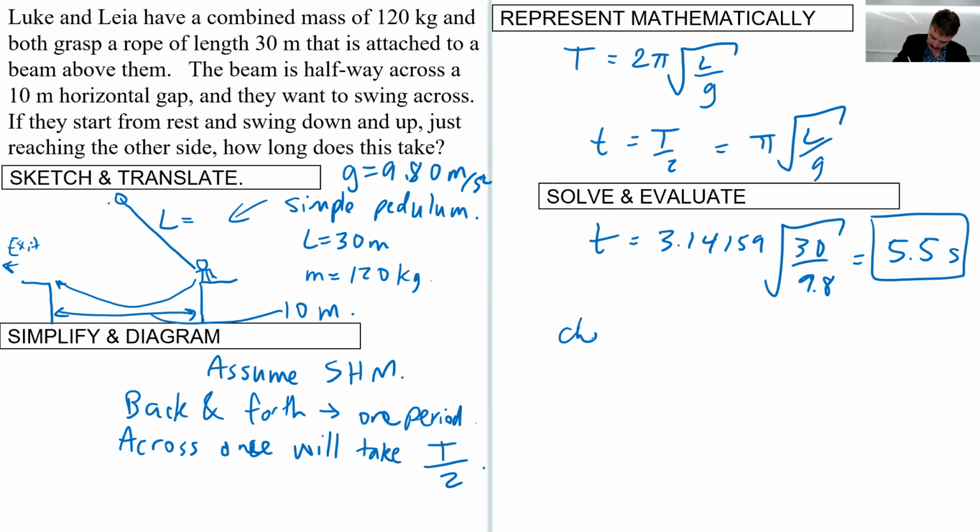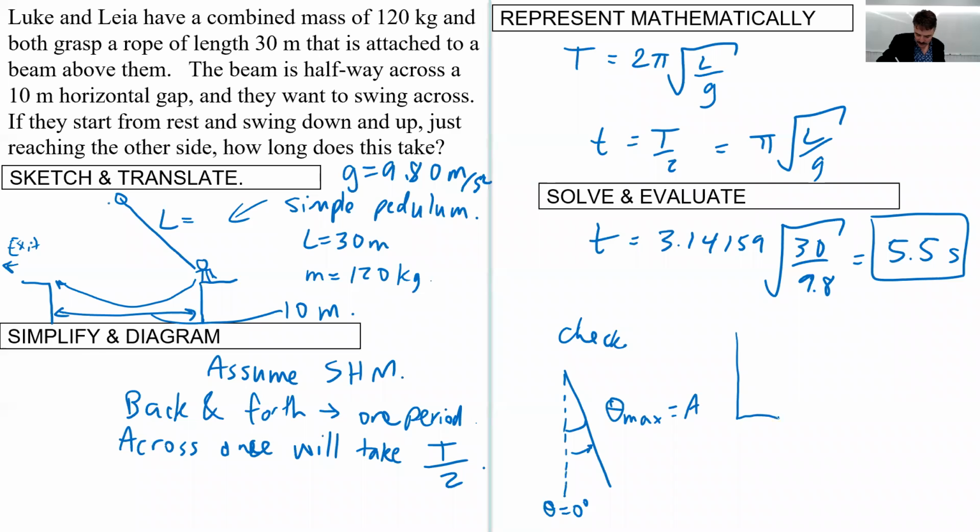And let's just check, by the way, in this case, if straight down is theta equals 0 degrees and theta max is like the amplitude, then I think we can find what that is by saying here is 30 and here is 10 over 2, which is 5 meters.